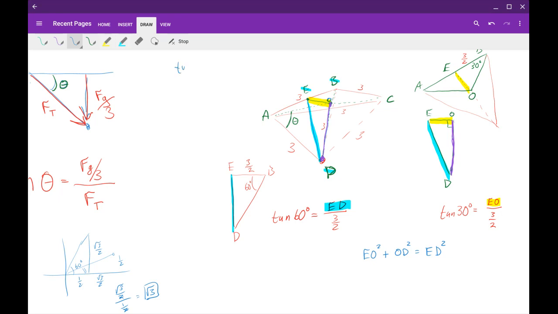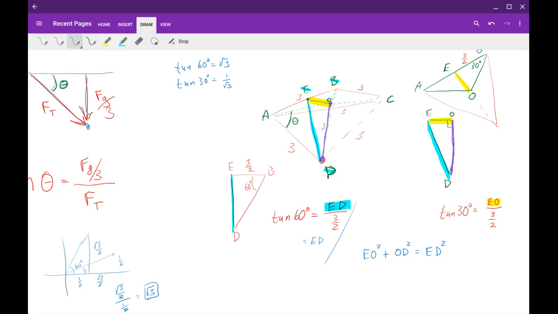So I'll write that down. Tangent of 60 is root 3. Tangent of 30 is 1 over root 3.